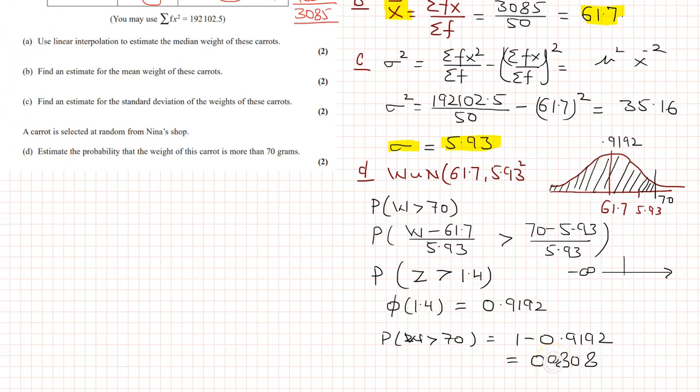This is 4 digits, so let me write it clearly. It will be 0.0808. So that is the probability that the carrot is greater than 70.